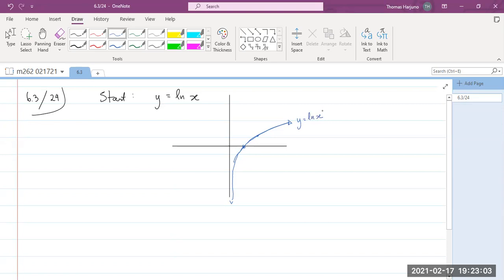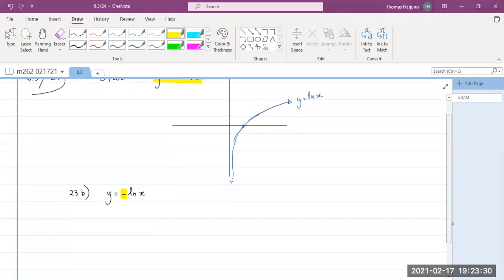Now, 23b is more about your understanding of transformation. What is the graph of negative ln x? Well, basically, this is the basic function. If you put negative in front of this, multiply the whole function by -1, what happens to the resulting graph?